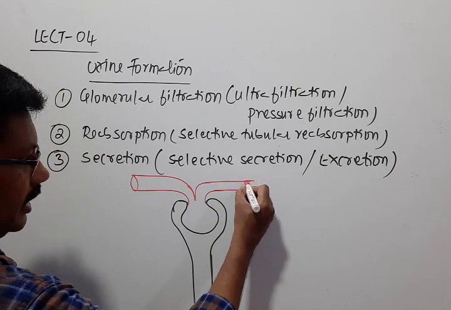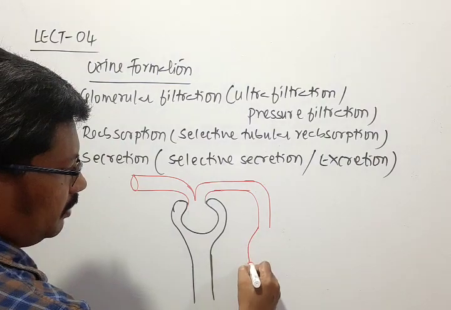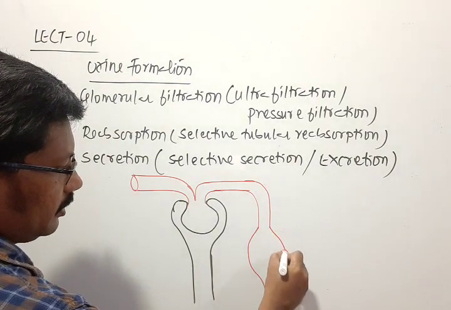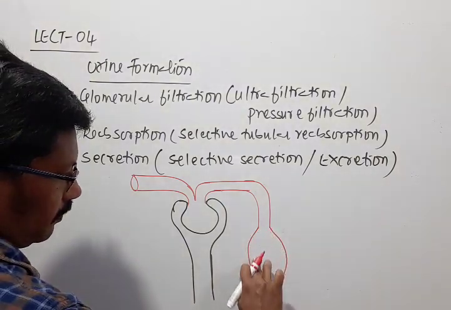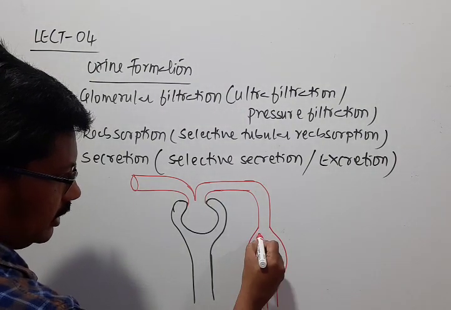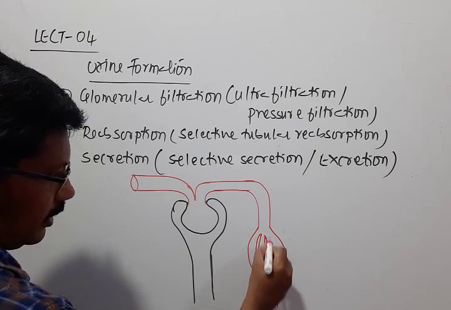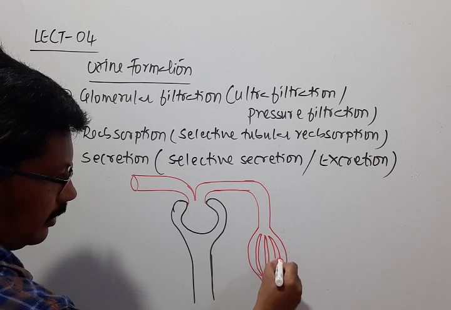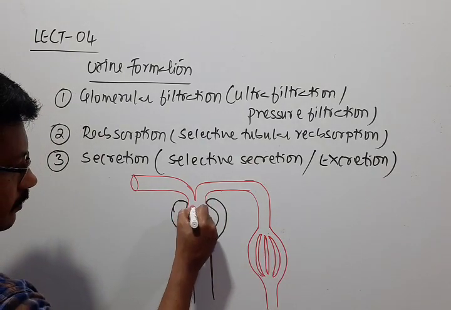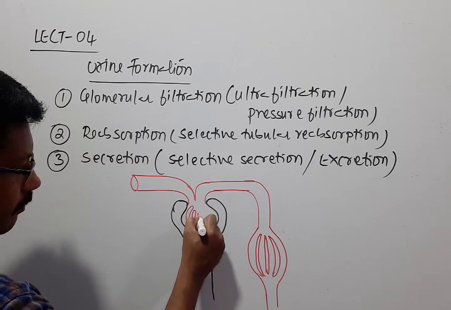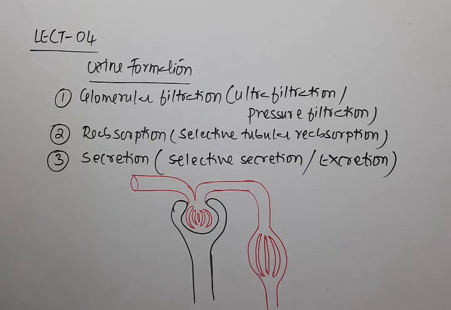This efferent arteriole, we know, forms the peritubular network. I'm just simplifying this, and this is the glomerulus.